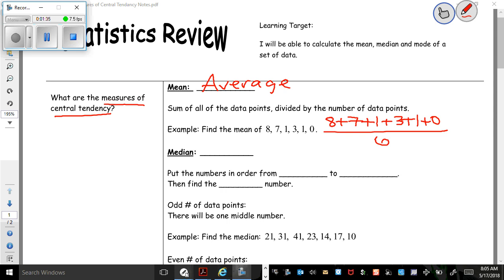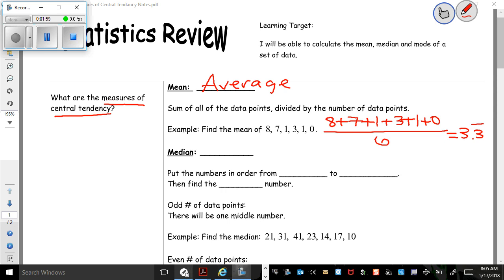What's 20 divided by 6? 3.3, right? So this one would be 3.3 repeating. That would be the average, just like when I pull up your warm-up and it gives you the mean for the whole thing and the mean for each question.